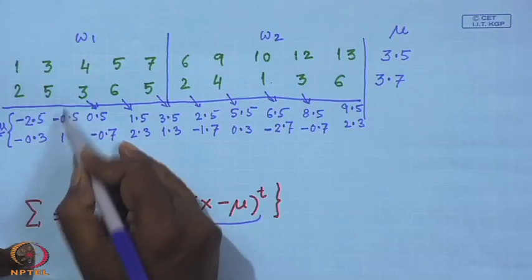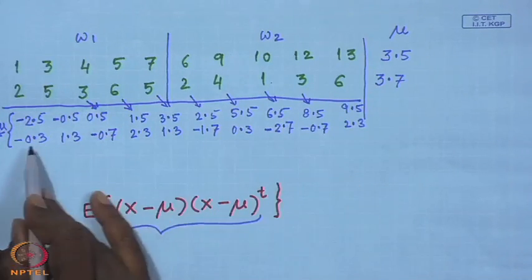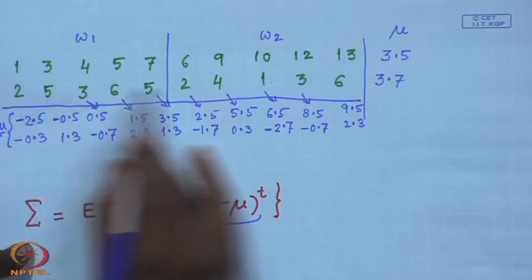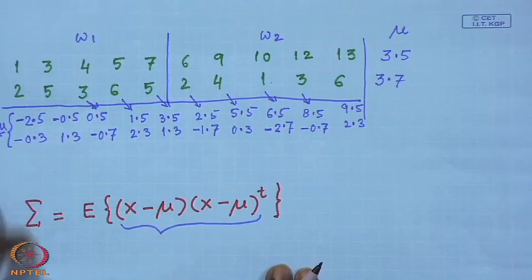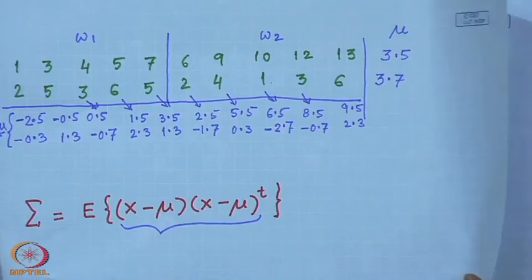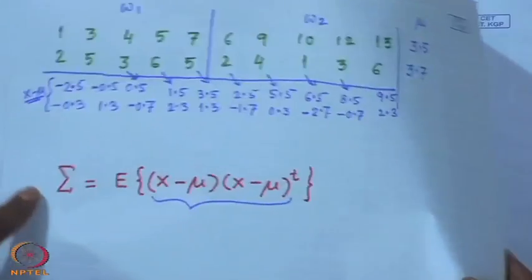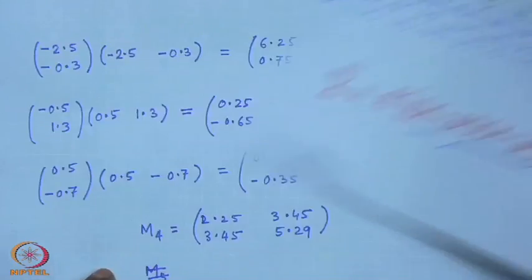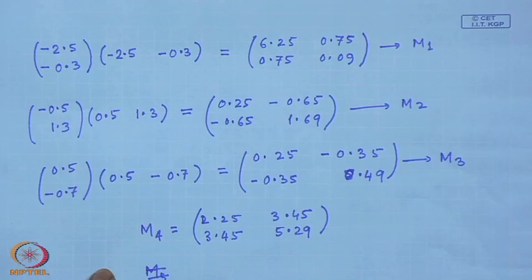So, for every vector we have computed x minus mu. These are x minus mu for different feature vectors, and once I have this, for every individual vector x minus mu, we have computed x minus mu into x minus mu transpose, giving me a number of matrices.